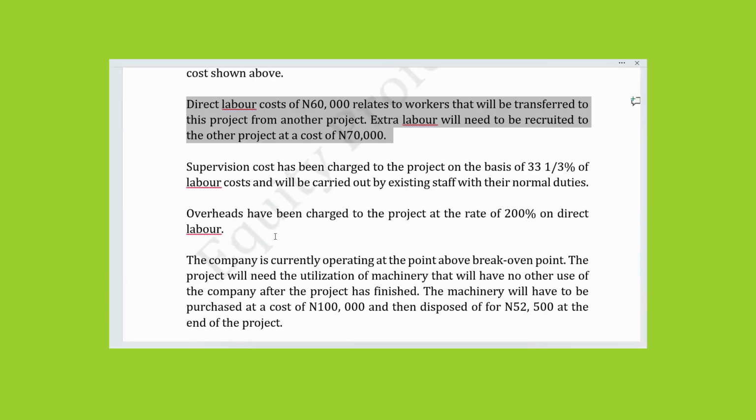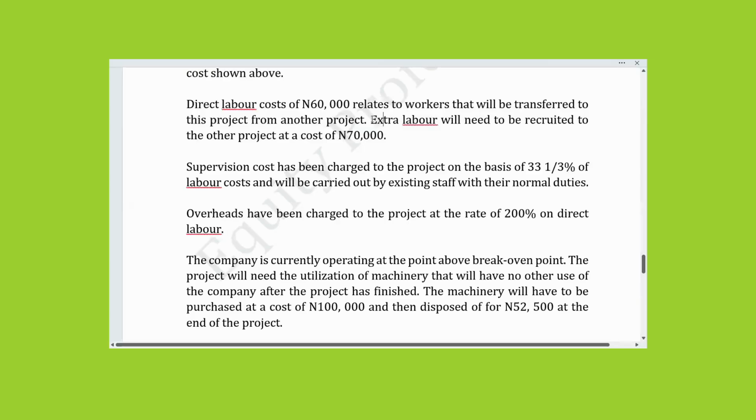This 60,000 naira is irrelevant, because whether you transfer this worker or not, the company is going to pay the labor cost of 60,000. Remember, relevant costs are costs that will change as a direct consequence of the decision taken. Whether you execute this project X or not, the 60,000 naira will be paid. Since it will not influence the decision, it is irrelevant, so we ignore it.